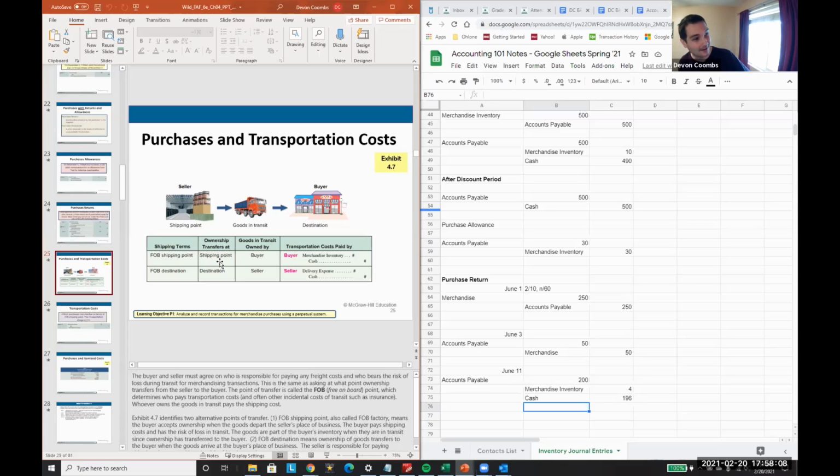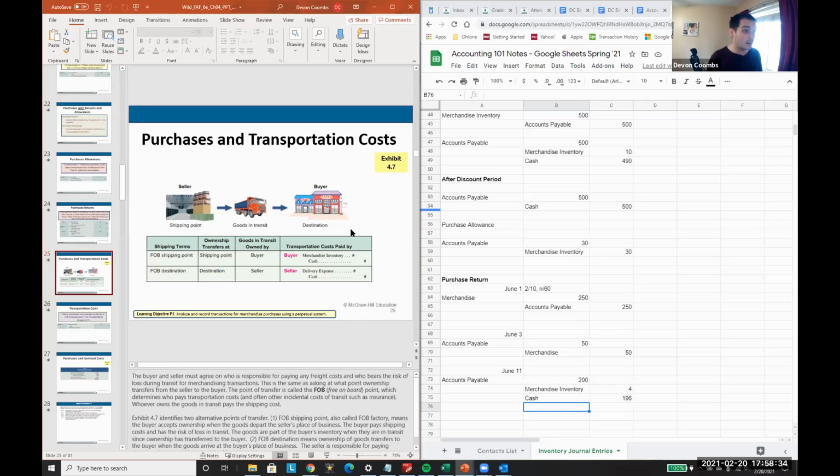And so I'd call this that point for inventory for our customer. We don't want to have to pay for our truck to go pick up a bunch of inventory. We'd rather just have it delivered to us, with that included. So the shipping point is kind of unfavorable for us, because we have to send our own trucks. That's how I remember it. You can remember it any way you want, but that's the easiest way for me.